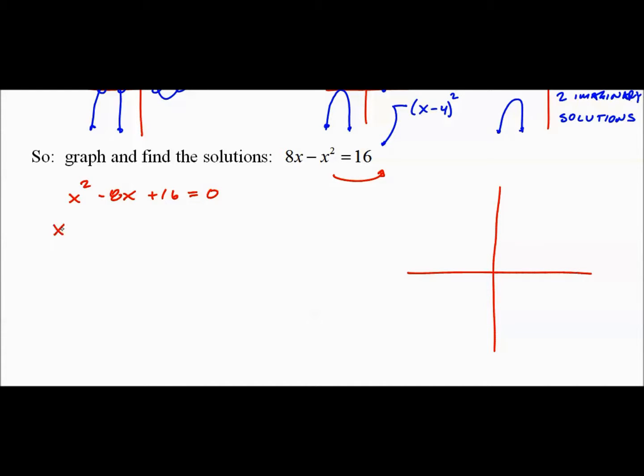I'm going to get an axis of symmetry, x equals 4. 1, 2, 3, 4. And I'm going to bring that down. Then I know the vertex is when I plug that back in.